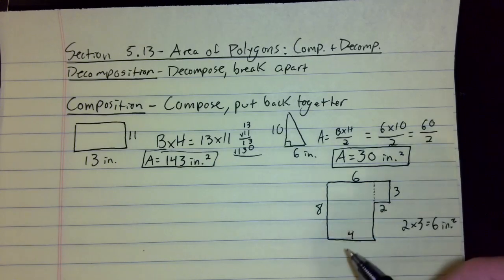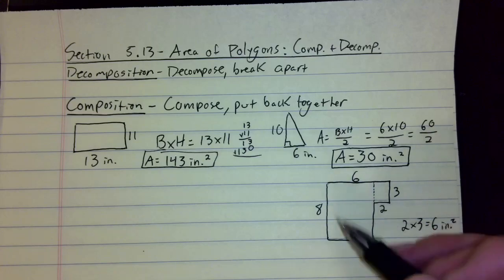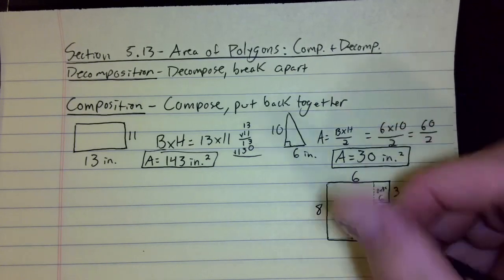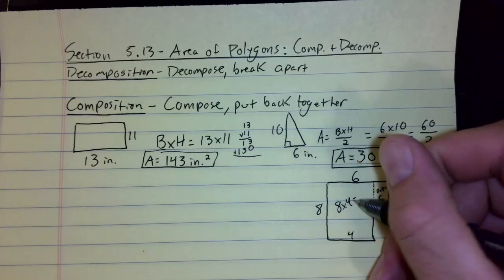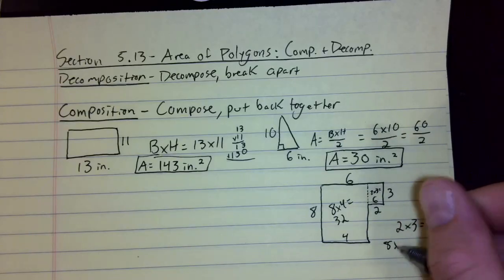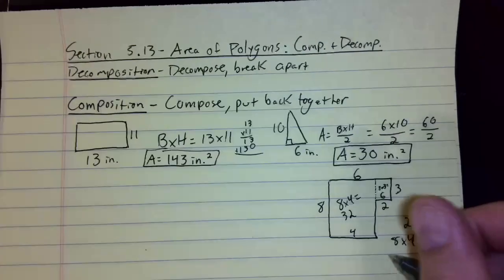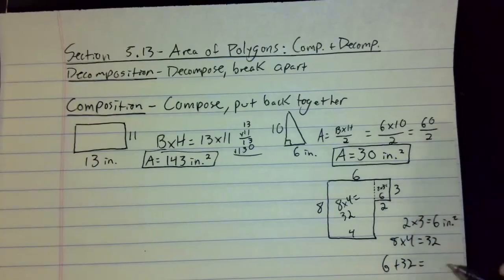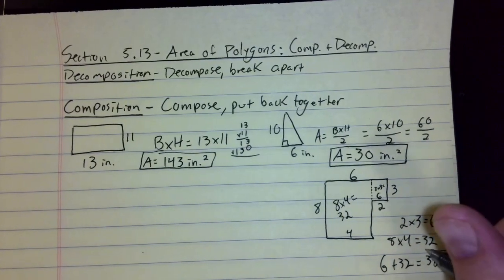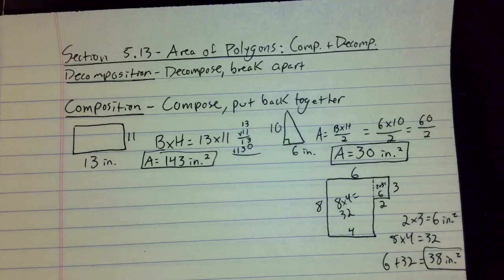Now we can find this area: 2 times 3 gives you 6. Here we can do 8 times 4, and that gives you 32. 6 plus 32 equals 38 inches squared. The area of this shape is 38 inches squared.